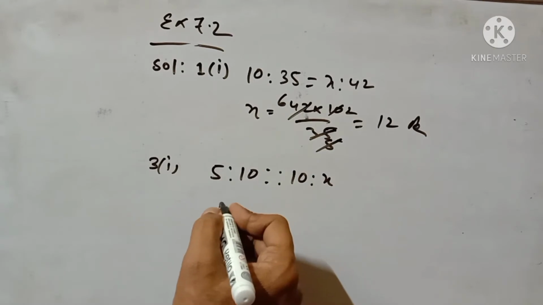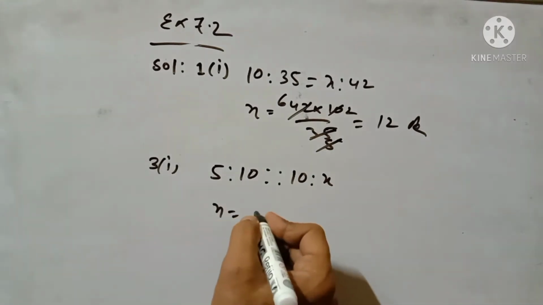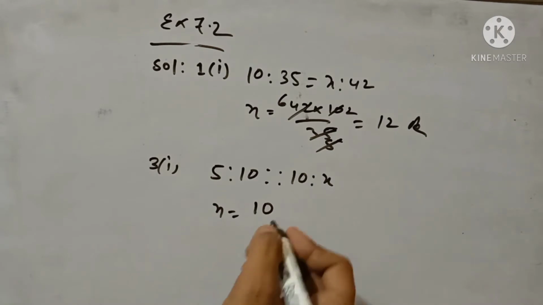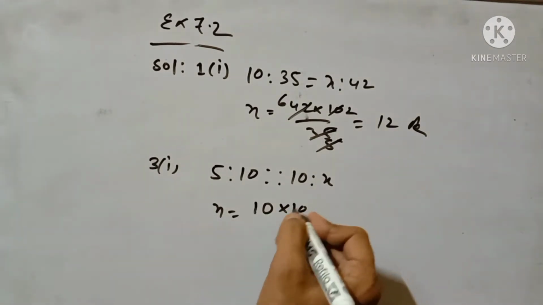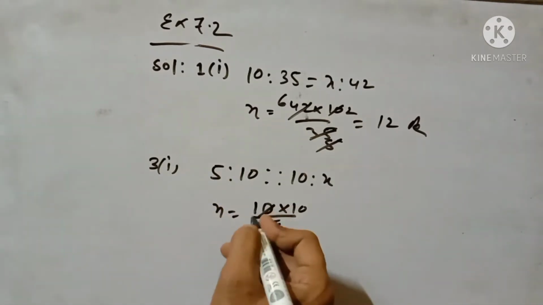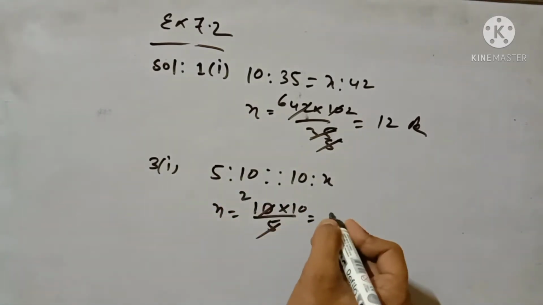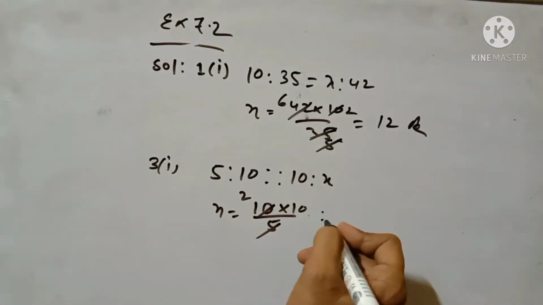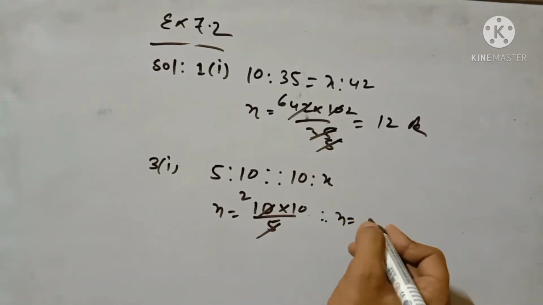So x equal to 10 into 10, product of means by product of extreme. So this will be 5x, this will be 2. Therefore the value of x equal to 2 into 10, 20.